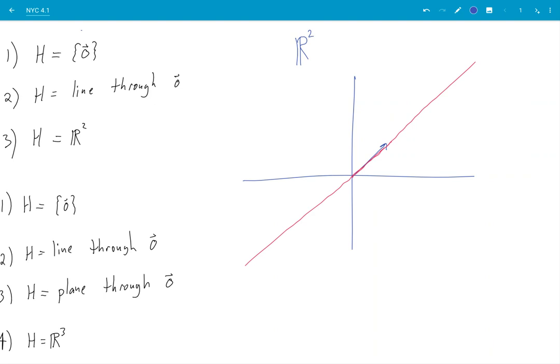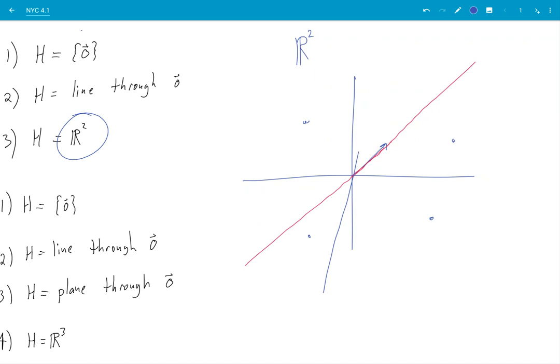Now the question is, does it contain another vector that is off the line, or it doesn't. If it does contain another non-zero vector off the line, well then this H must contain this line as well. And in fact, H must contain everything, because if you think about it, the span of these two vectors is going to equal all of R2.